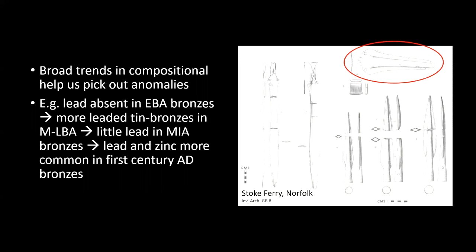A particularly clear example here is the Stoke Ferry hoard from Norfolk, which includes a chalcolithic copper halberd alongside late Bronze Age objects.